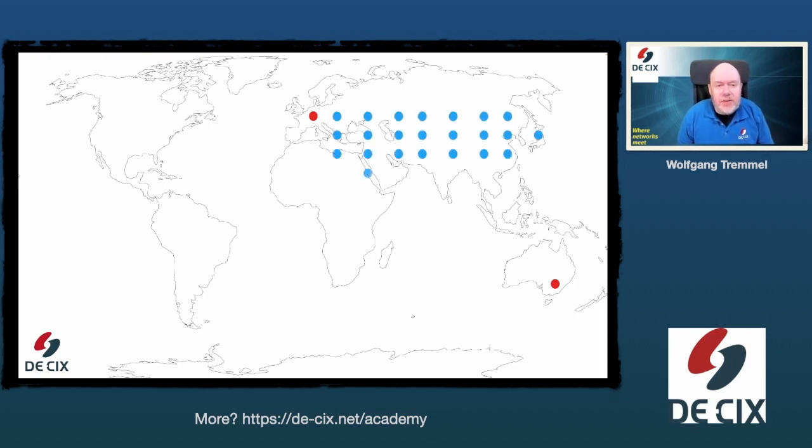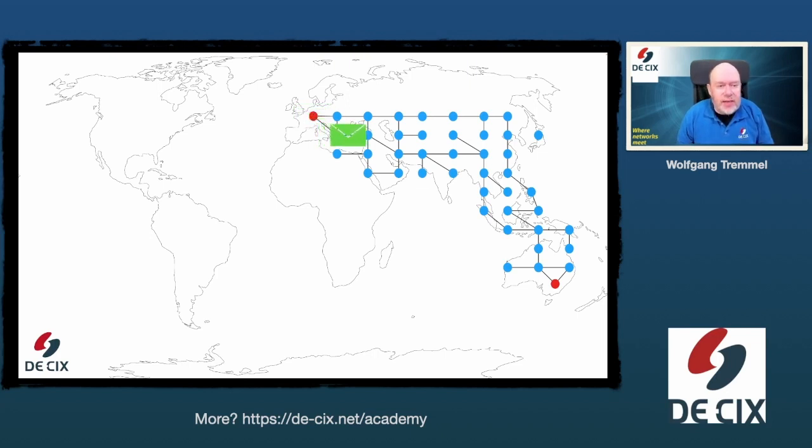There are so-called routers. Routers are operated by internet service providers, carriers, and they are interconnected between each other. They are connected with circuits, with fiber circuits, with undersea cables, whatever is available. And these routers forward your data. They send your data hop to hop from one to the next one.